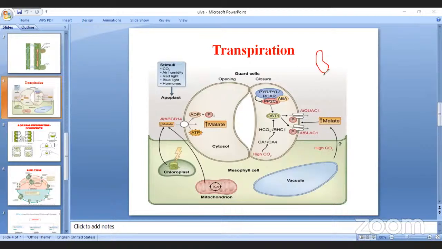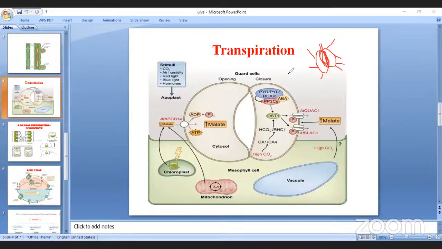Here guard cells are already given. Always remember the guard cell has a thin layer outside and a thick layer inside next to the pore, like this. And it is surrounded by subsidiary cells or auxiliary cells. So this is about the stomata complex. This is not an important one, but anyway, remember it. Okay.